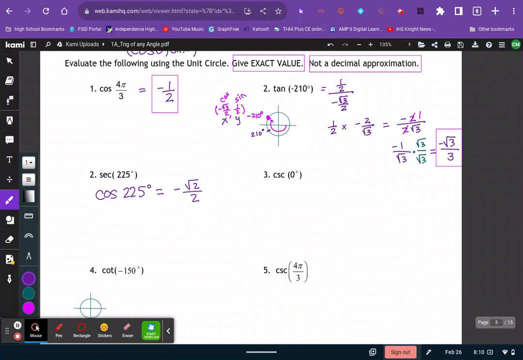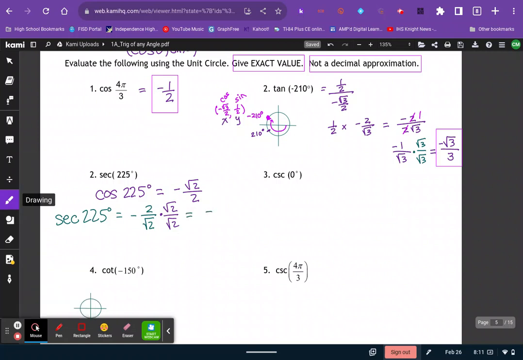So the secant is the reciprocal of that. Secant of 225 is the reciprocal of this. So I'm going to flip the fraction over, which of course means I'm now going to have to do a little more work because I'm not allowed to leave my answer like that. I cannot leave the square root of 2 in the denominator.